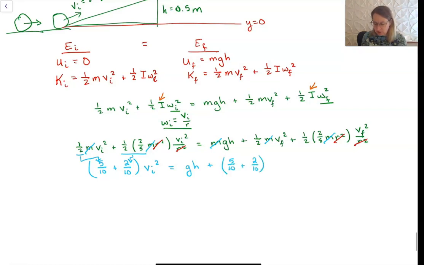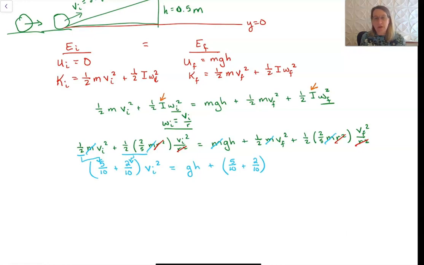So I didn't cancel out the 2's in the 1/2 and 2/5 because I need a common denominator to add this to the 1/2 v final squared. Okay, so this gives me 7/10 v initial squared is equal to g times h plus 7/10 v final squared.